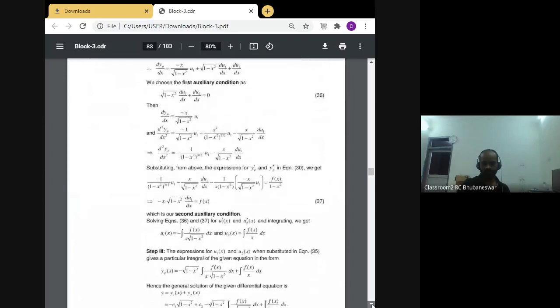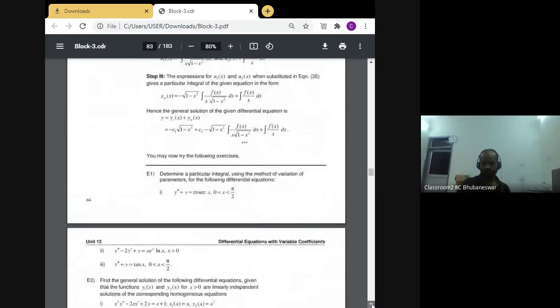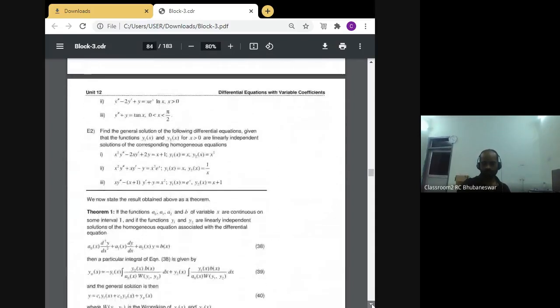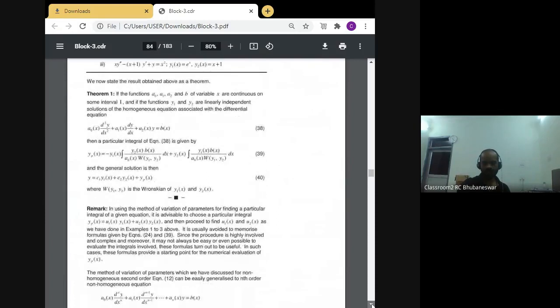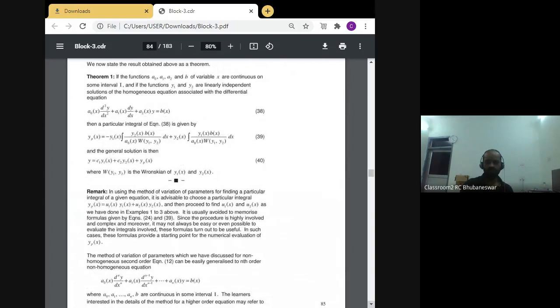This is in the form of the concrete formula which was discussed in equation number 27, and that has been summarized in theorem number 1. So this theorem number 1 is the result, or the concrete formula, for a non-homogeneous differential equation of order 2.